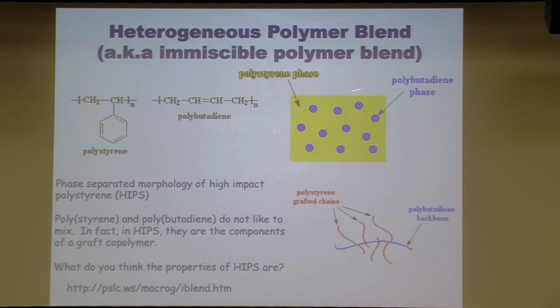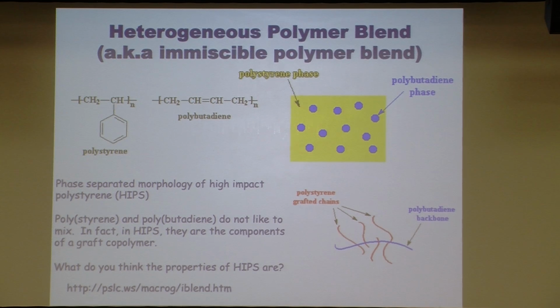But it's majority polystyrene, right? And minority polybutadiene. And notice the polybutadiene does not connect. So the minority phase is segregated into what we might call domains, and we have a continuous phase of polystyrene.